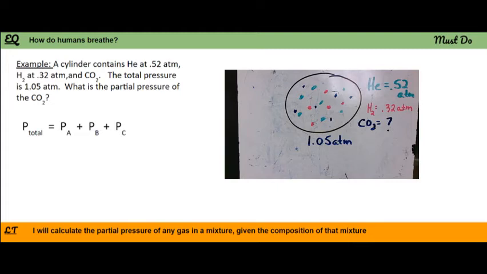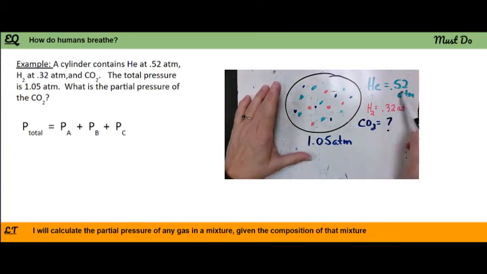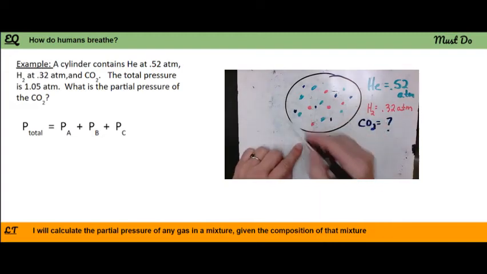What is the partial pressure of CO2? Okay, so here I have my container. I have my 0.52 atmospheres of helium. I have 0.32 atmospheres of hydrogen. I don't know what my CO2 level is, but there are CO2 particles in there. And my total pressure inside my container is 1.05.